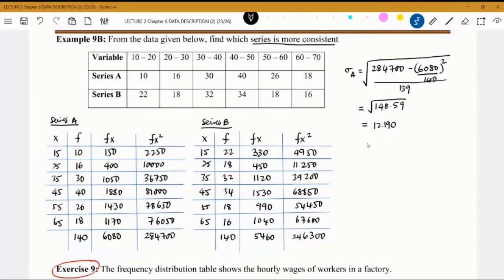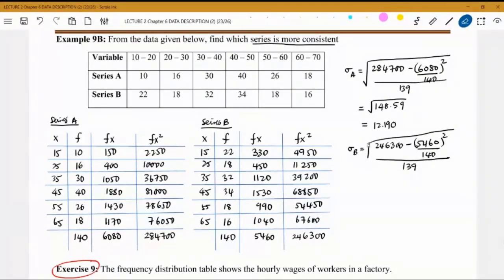That one will be for series A. Series B is the square root of 246300 minus 5460 square divided by 140, divide the whole thing by 139. Okay, so I make the square root a bit longer and larger. Inside the square root, what should we get? 240. Okay, so directly your standard deviation we're gonna have 15.49.